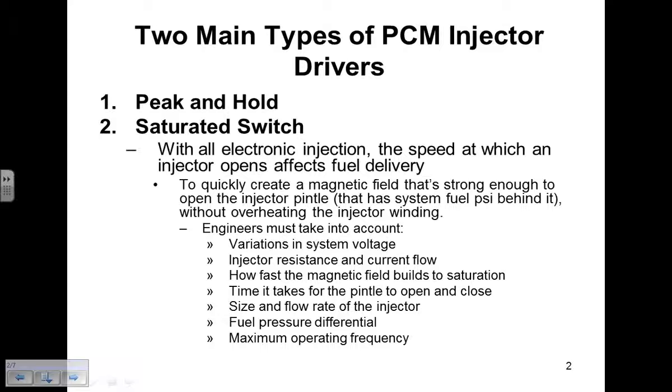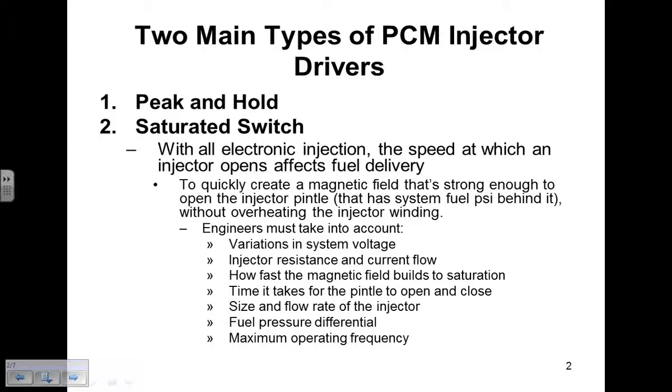Well, the injector on time is going to be longer just to account for the lower system voltage. So the computer not only controls the injectors based on, of course, cranking and temperature and all that stuff, but it's also looking at battery voltage for battery voltage corrections.